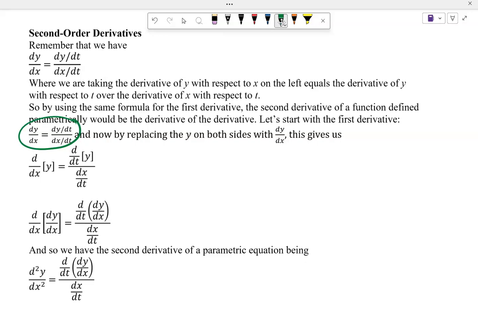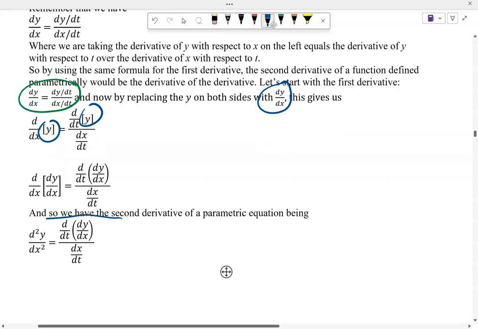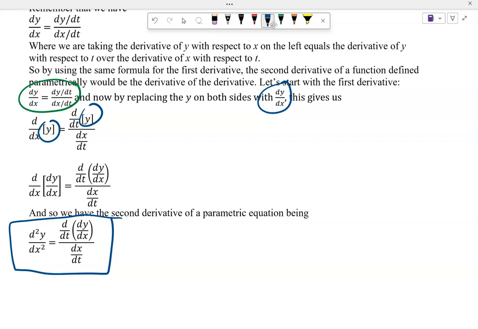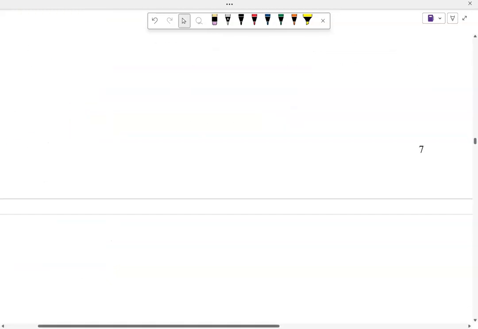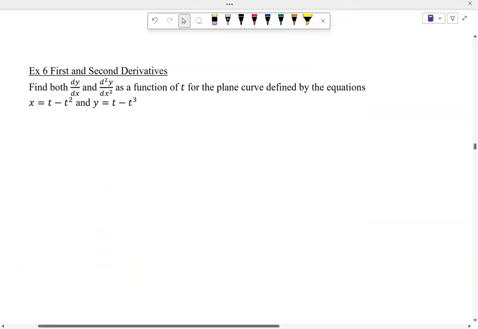So if we take the derivative, then wherever we have the y on both sides, we can replace it with dy/dx, right? And that'll leave us with this second derivative. So the second derivative is d/dt of dy/dx over dx/dt. So that's the equation that we're going to use to run the second derivative here.